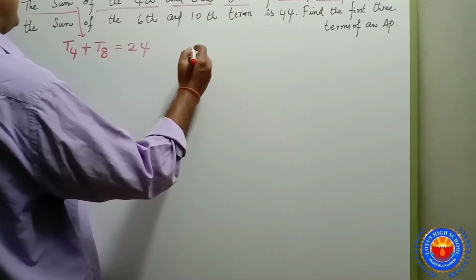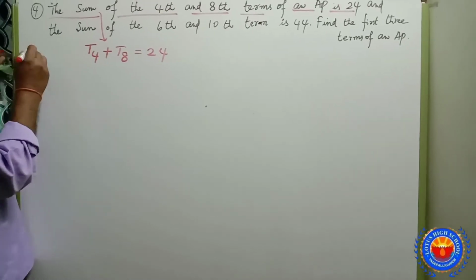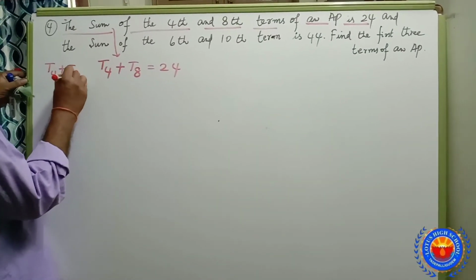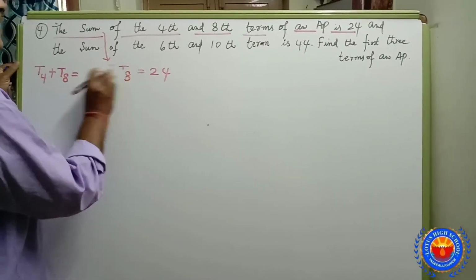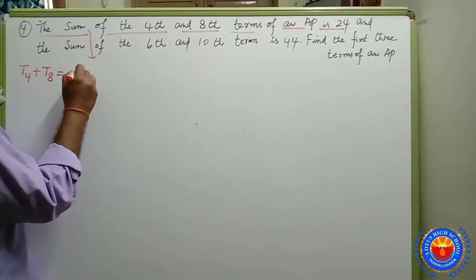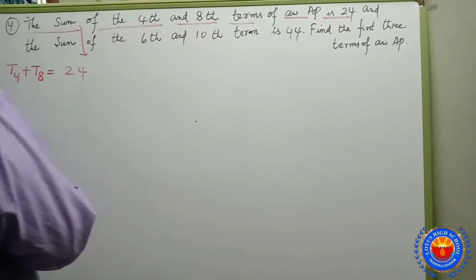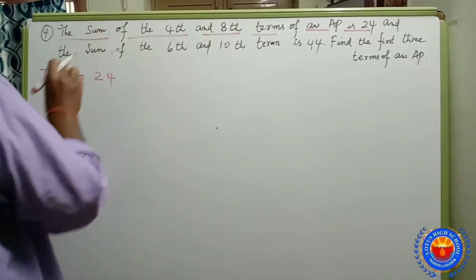What is the second statement? Here I'll write T4 plus T8 is equal to 24. Coming to the second, one more is there. What is that?